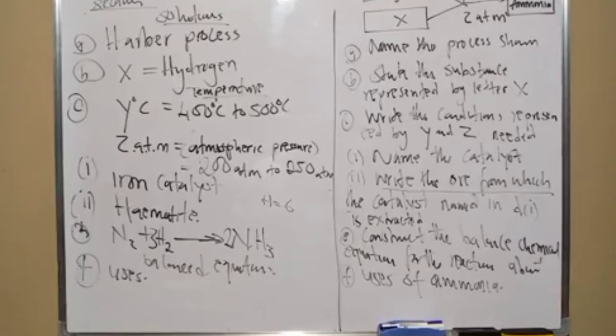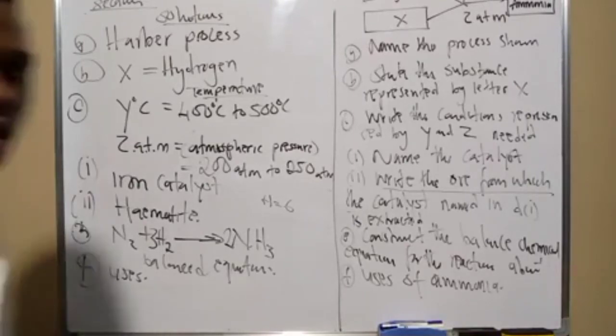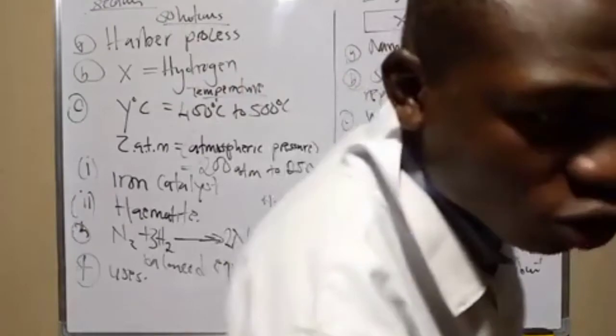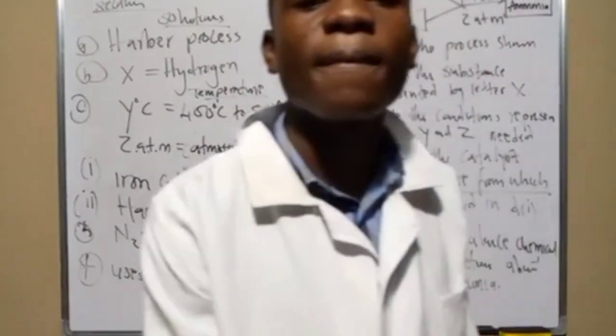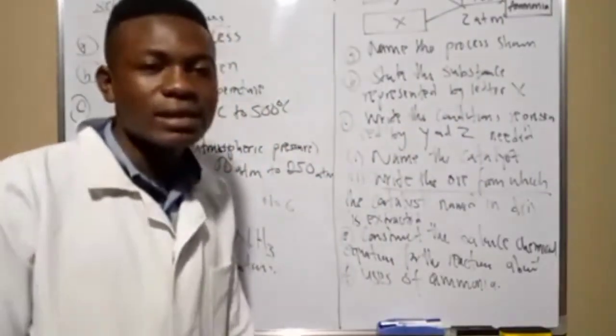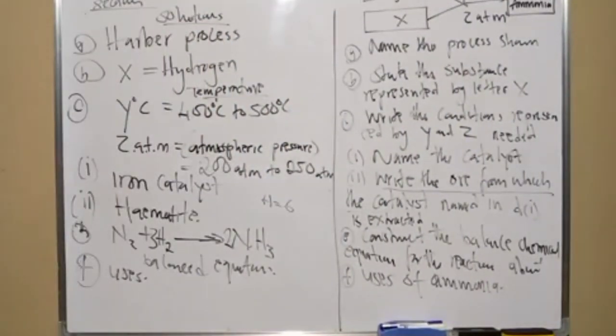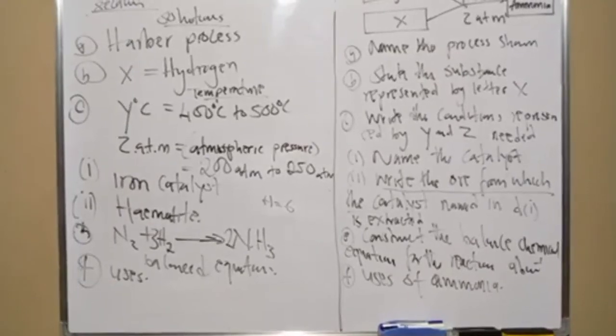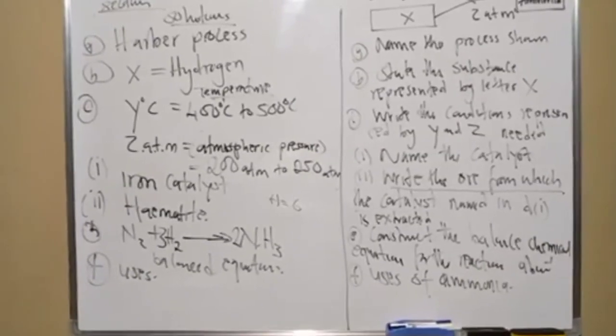It is used in manufacturing nitric acid, it is used in explosives, it is used in detergents, it is used in fertilizers, and it is used in making hard water become soft water.